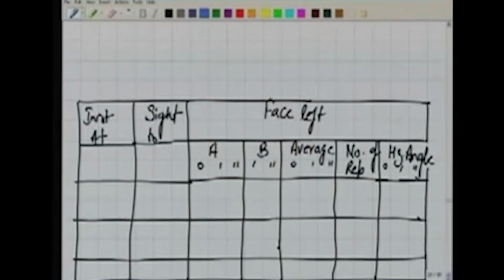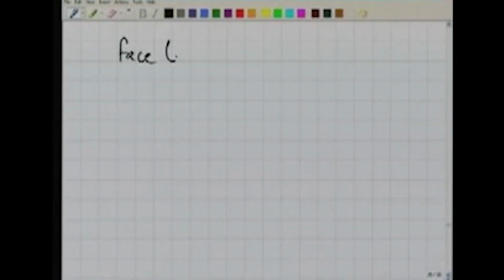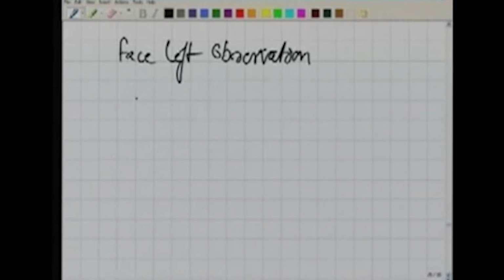Before the table, I would like to give you two more definitions. Definition number one is face left observations, and the second is face right. What are these terms? I am here right now, and that's the vertical circle.